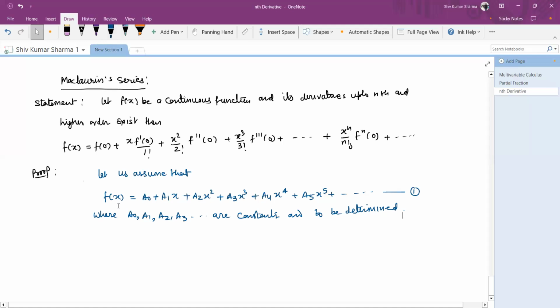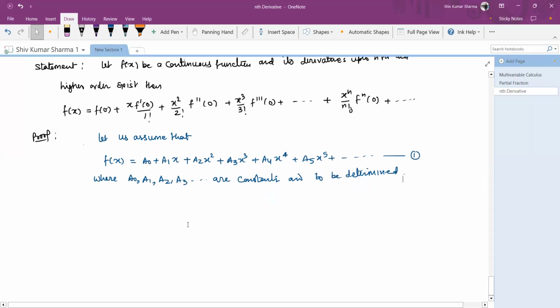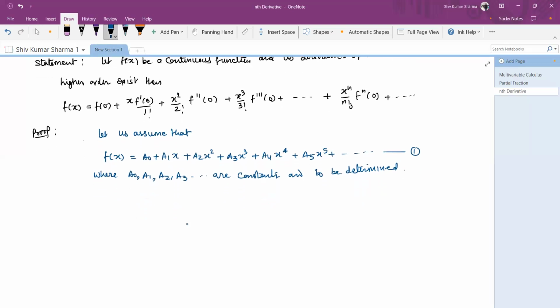For determining the values of a0, a1, a2, a3, we start by differentiating once with respect to x. So the first derivative is f'(x) equal to, a0 is purely a constant term, so the differentiation of a0 is 0, and for a1x, the differentiation of x is 1.